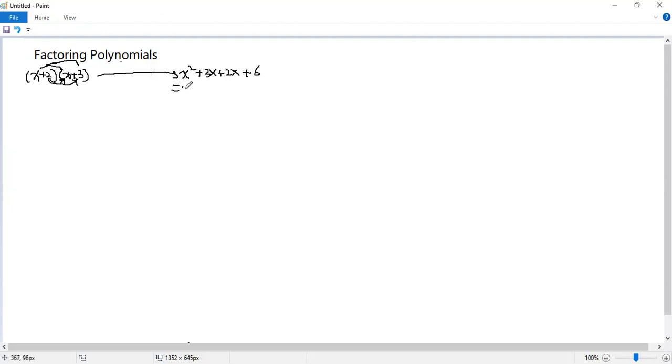So we get x squared plus 5x plus 6. We call this process expanding.